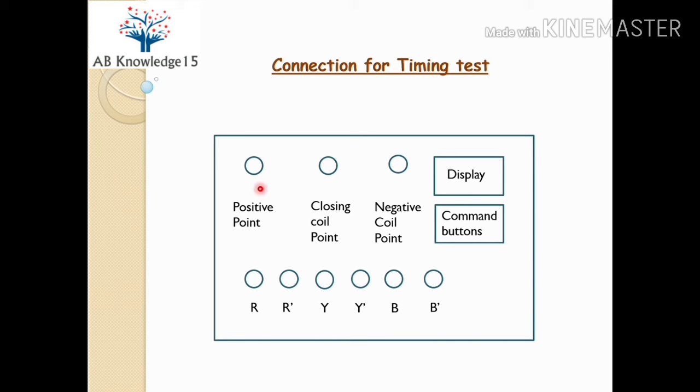Suppose if we are to carry close command, so one positive point and closing point, this will come into picture, and it will give command to circuit breaker for close, and from the time of command up to the joining of the contacts, this timing will be calculated by the timing test, and the same is applicable for opening operation.